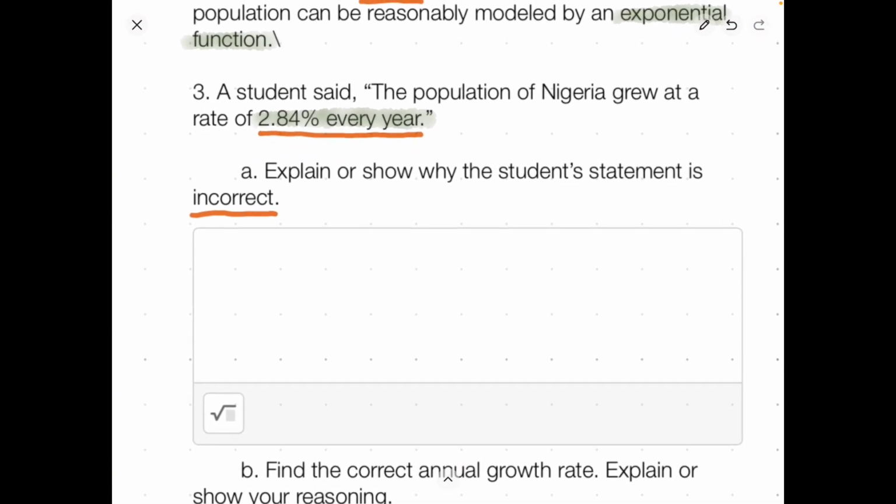Okay, so in answering this question, now we can come over here and say why this student was incorrect. So we could say, explain or show why the student statement is incorrect.